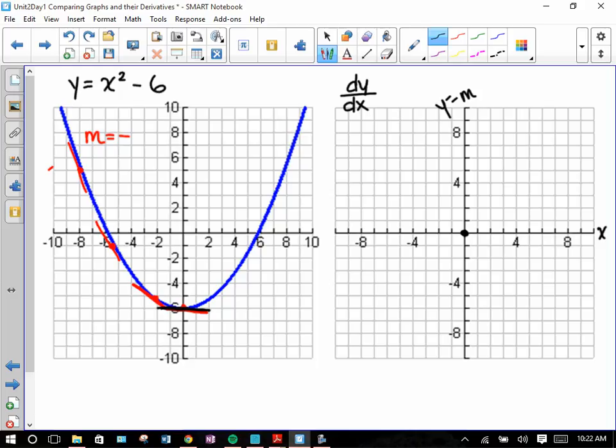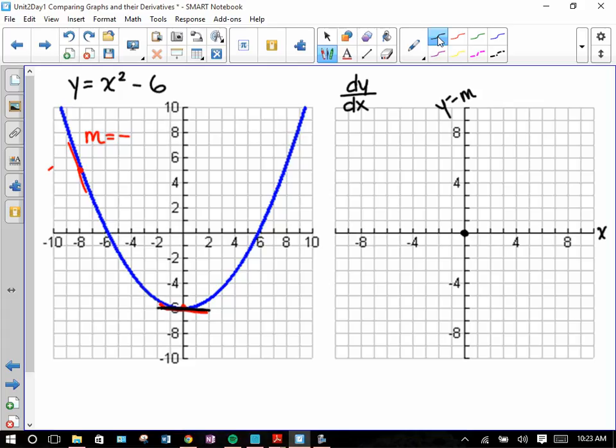Alright, now let's look at this one over here. Let's make an estimate of this slope right here at negative 6. You just look from here to here. We'll just find an estimate. You go up 3, 1, 2, 3, over 1, 2.